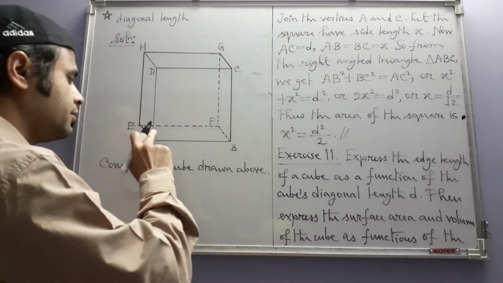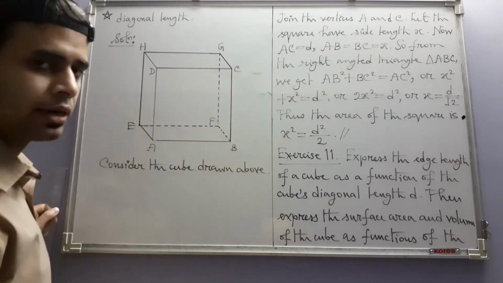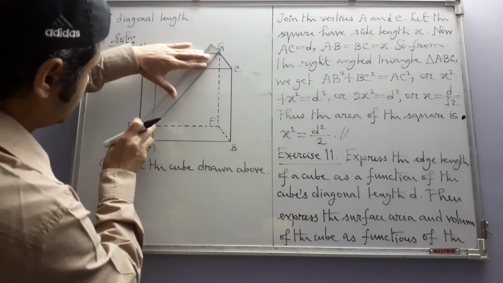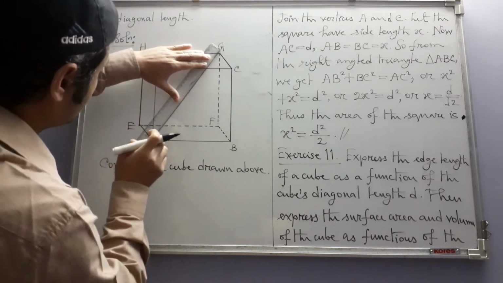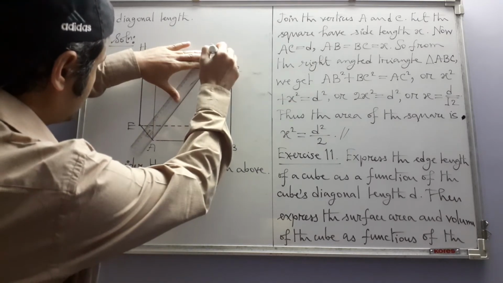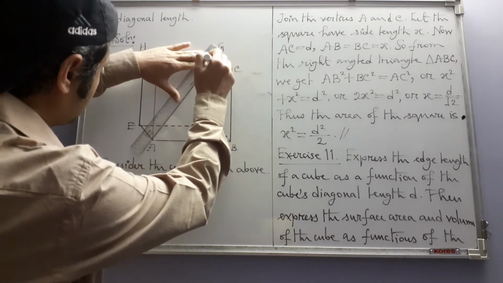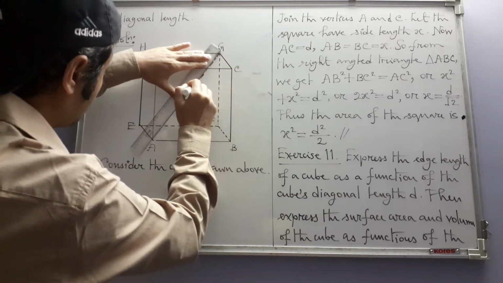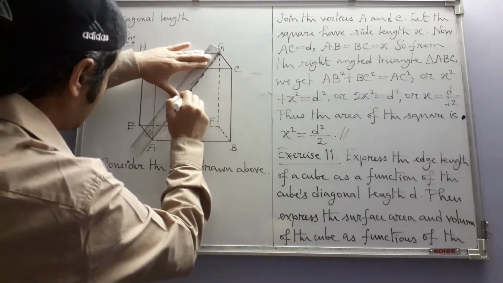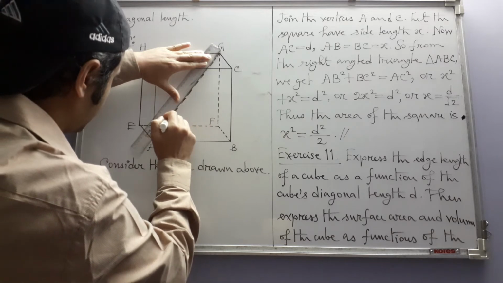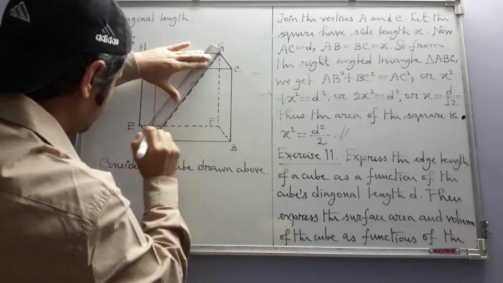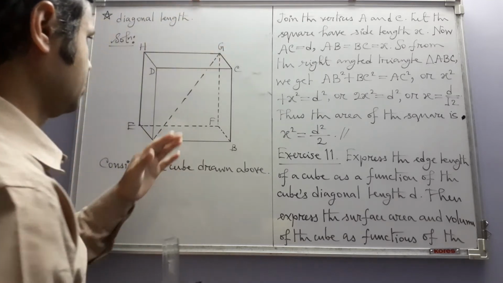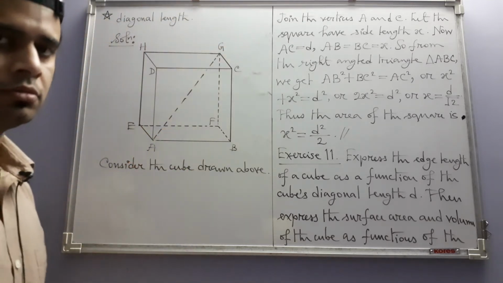It means AC is not a diagonal, but AG is. And the reason we are using a dashed line is because AG will be lying inside the cube.